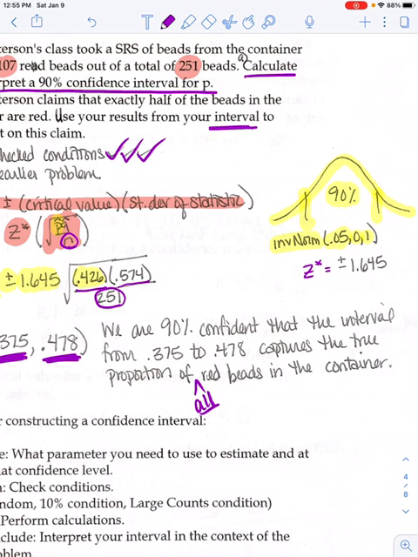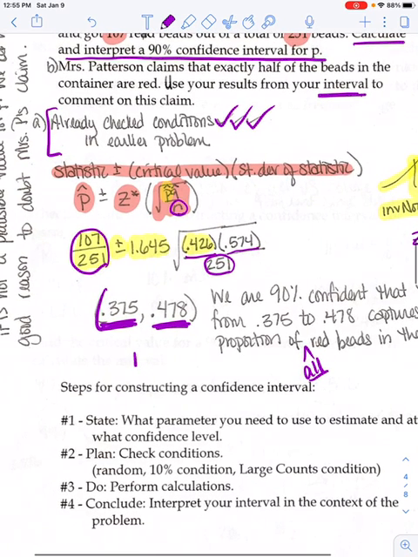So if you could add that word all in for me. We are 90% confident that the interval from 0.375 to 0.478 captures the true proportion of all red beads in the container. In other words, I am 90% sure that P resides somewhere in there. Okay?